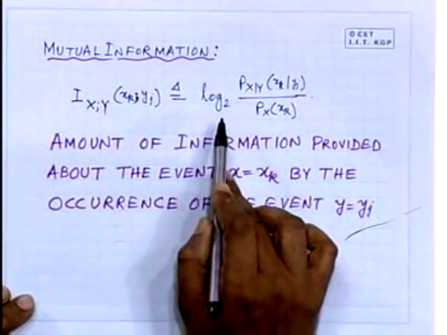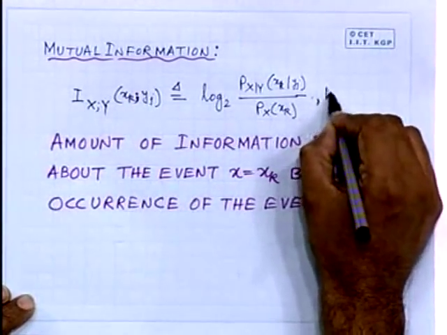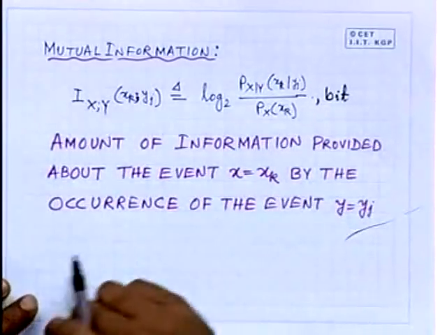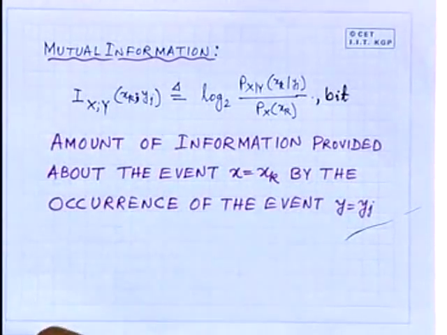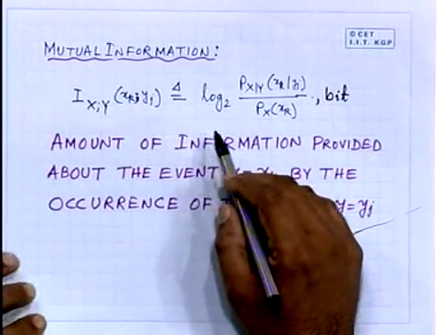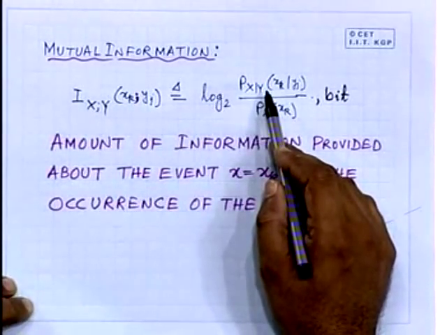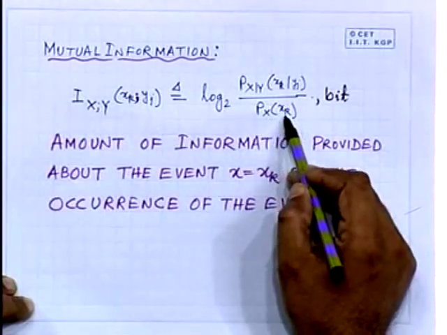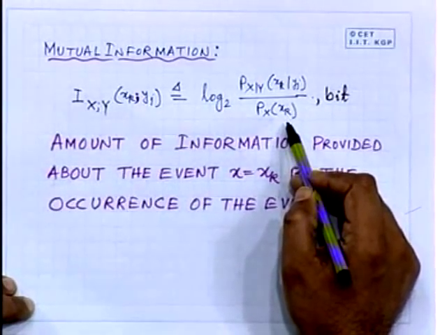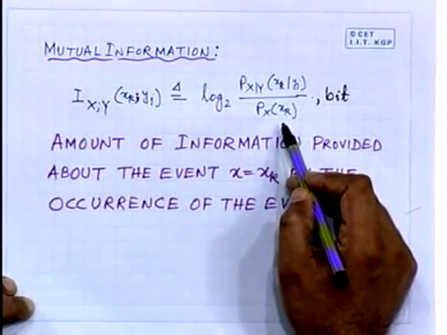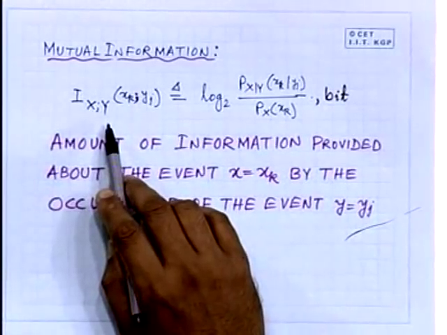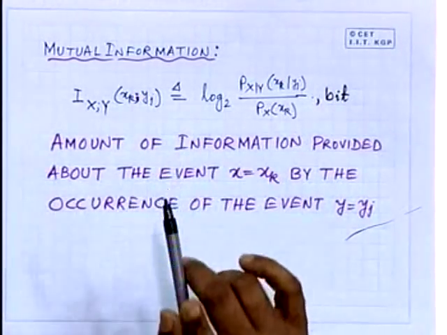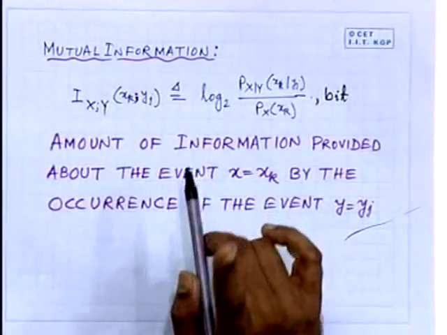From now on I will use base 2, and mention for quite some time at least that the unit for this information is again the bit. This is the ratio of the conditional probability and the probability of occurrence of x equal to xk. Fundamentally, mutual information is the logarithm of the ratio of two probabilities.